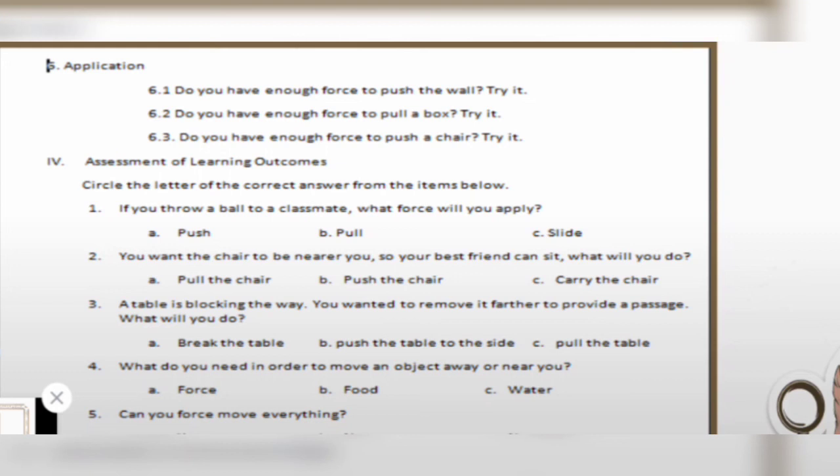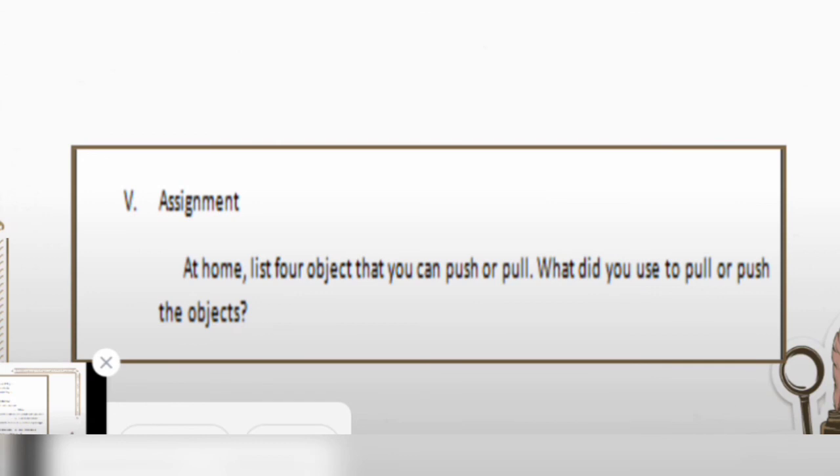For the assessment of learners' outcomes, you give them a quiz and seat work. And lastly, assignment. Assignment is the task given to students by their teacher to complete in a defined time. And that's all.